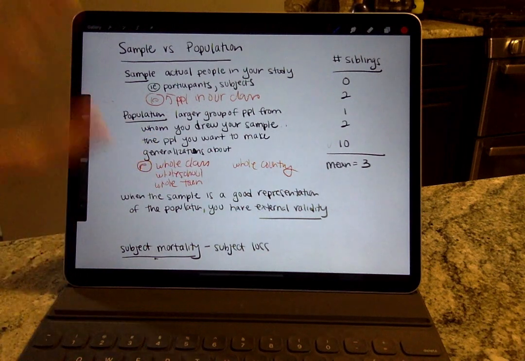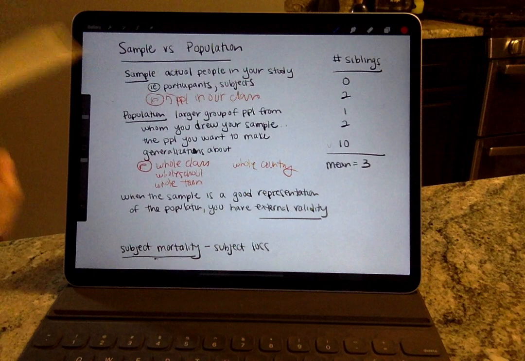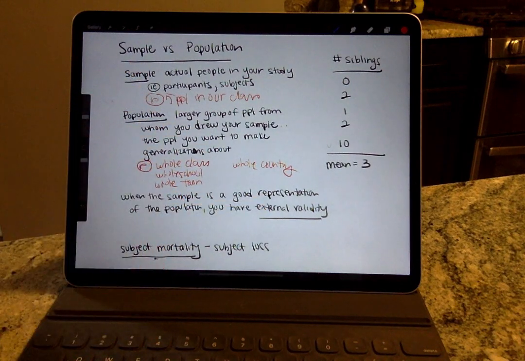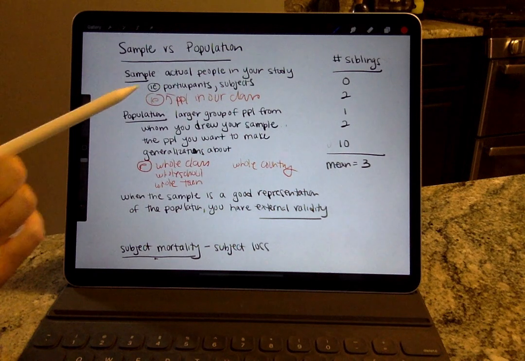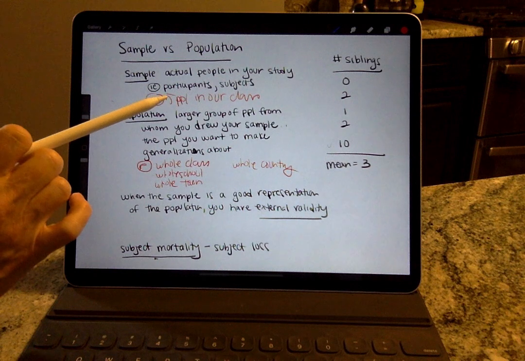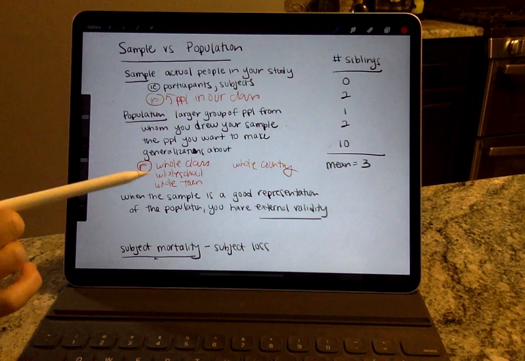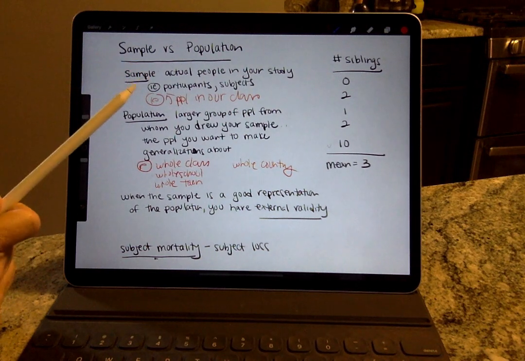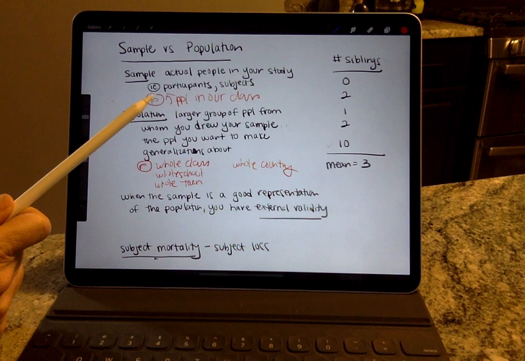The larger the population gets, the broader it gets from the actual sample, the less external validity you have. If our population is the whole school, do 5 people in one particular class represent the whole school? Well, it's probably less likely. Depending on the class, it might be just a specific major.